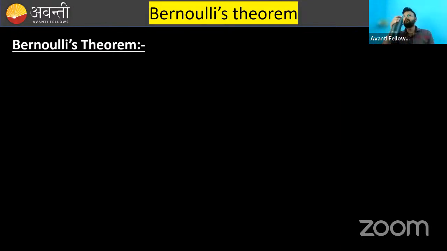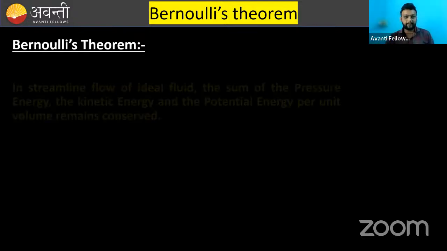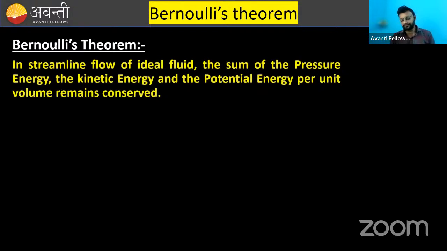Give me 1 minute of time. First of all, we will see the statement of Bernoulli's theorem. What is the statement of Bernoulli's theorem? Have a look at that. Make a note of everything. What it says: in streamline flow of ideal fluid, one thing to be noted, the fluid is ideal.